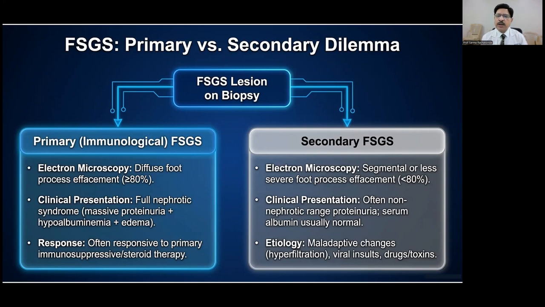That is, this is the nephrotic syndrome to be, like the house surgeon, the doctor to be, an earlier stage of nephrotic syndrome. Sub-nephrotic range of proteinuria, that means between 300 to 3,000 milligrams. And then the maladaptive changes are hyperfiltration, viral insult, drugs and toxins.